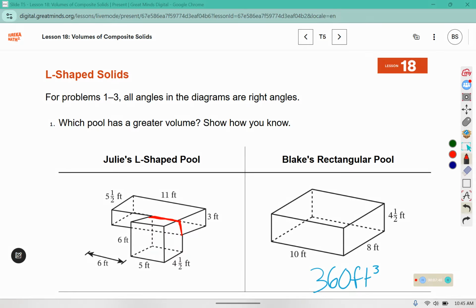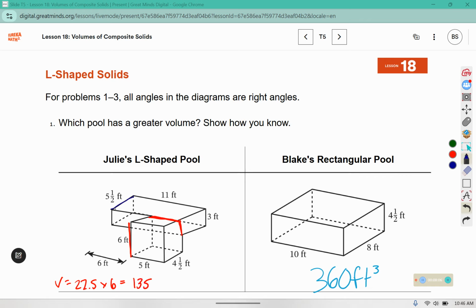If we cut the pool here, you can see we have a 5 by 4.5 base. So 5 times 4.5 tells us the base area. And the height of this whole section is 6, which is a volume for that piece of 135.